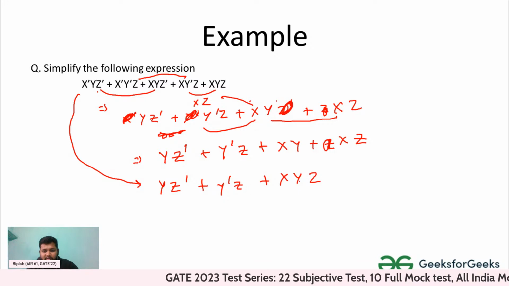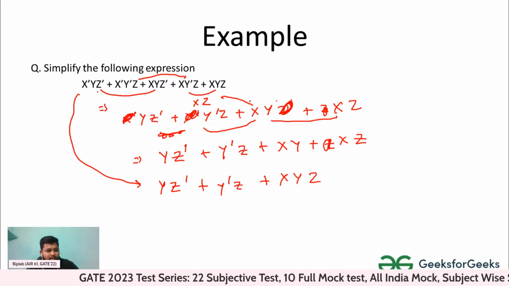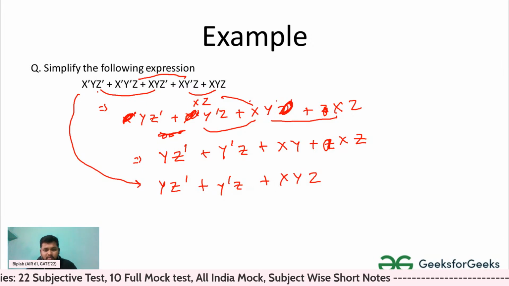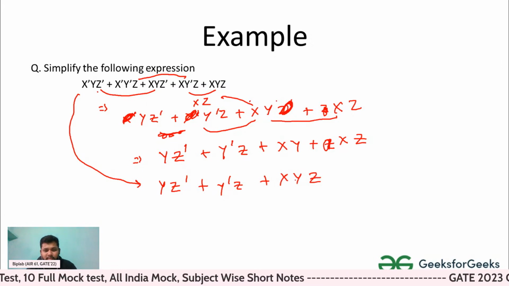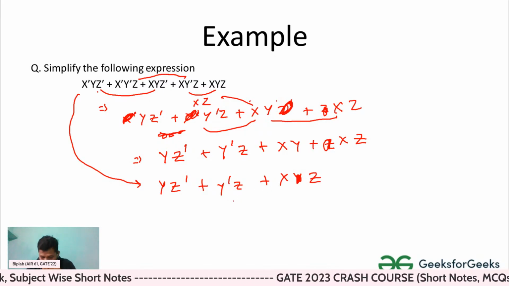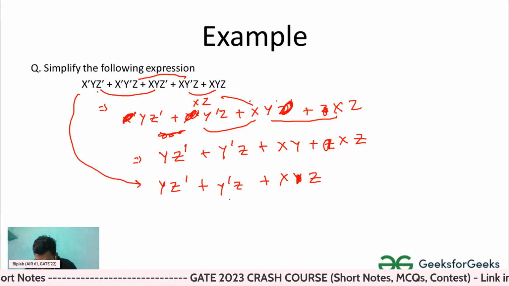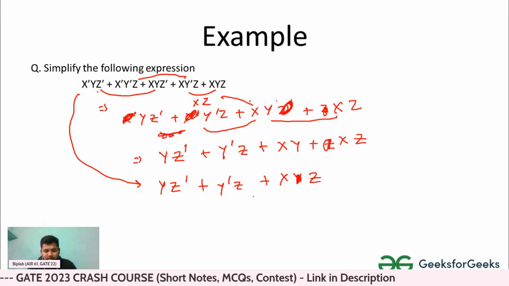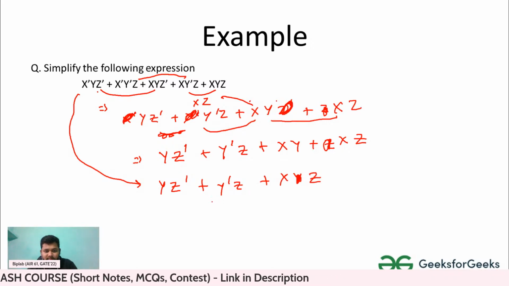If you take z common from these two, you can cancel this y. Let us solve this.